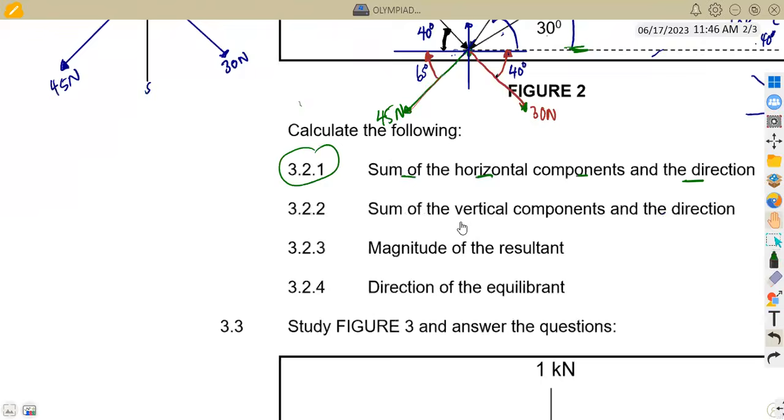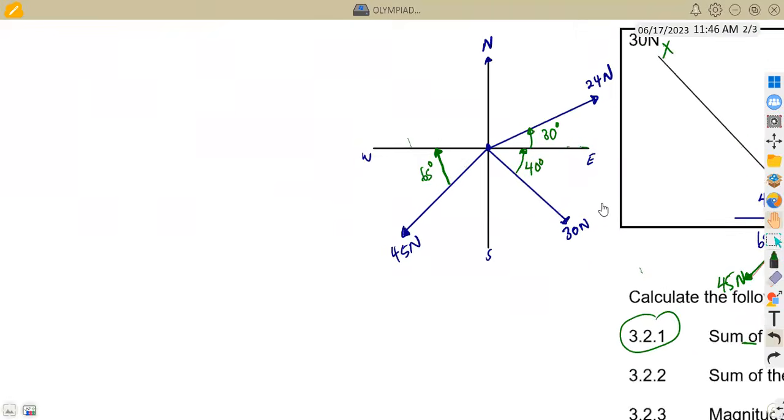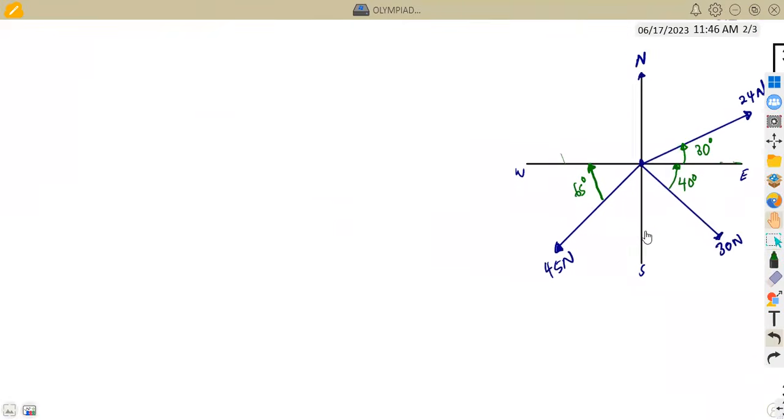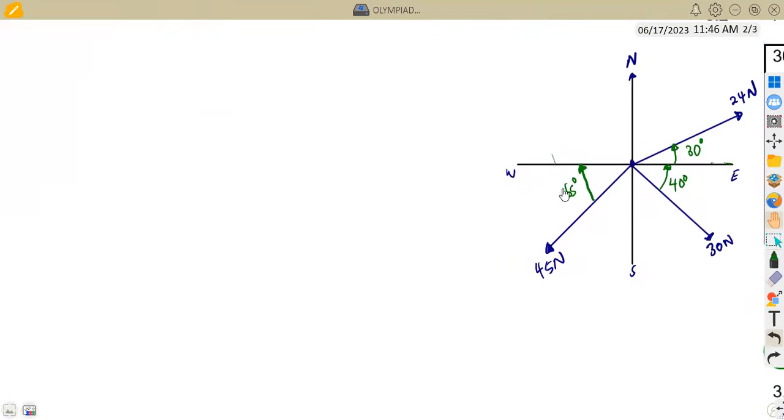All right, so what are we going to do in this case? From our diagram, we are going to focus on this diagram now. So we need the sum of the horizontal components. All right, so this will be our question 3.21. So the sum of the horizontal components, which is given on your formula sheet as Fx. That is for the horizontal. So meaning to say we are working with the cosine of theta.